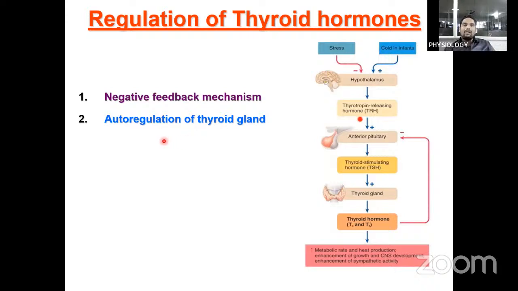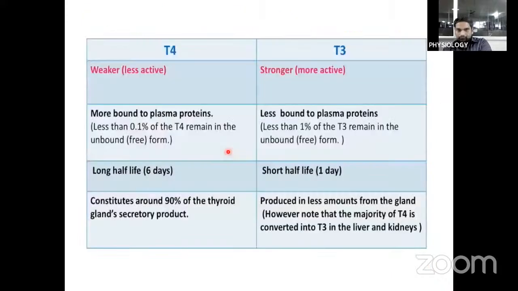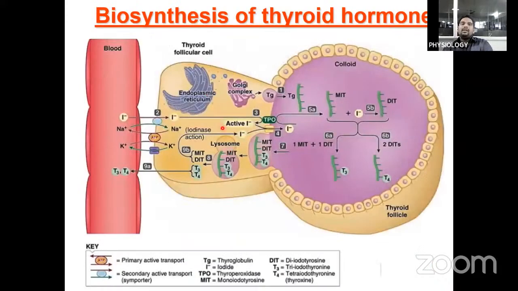What happens? Auto regulation, simple, it's about the food intake of your iodine. If there is a less amount of iodine in the food intake, what happens? See here, I will show in this case. In case of auto regulation, the iodine from food intake will reach your follicular cells.